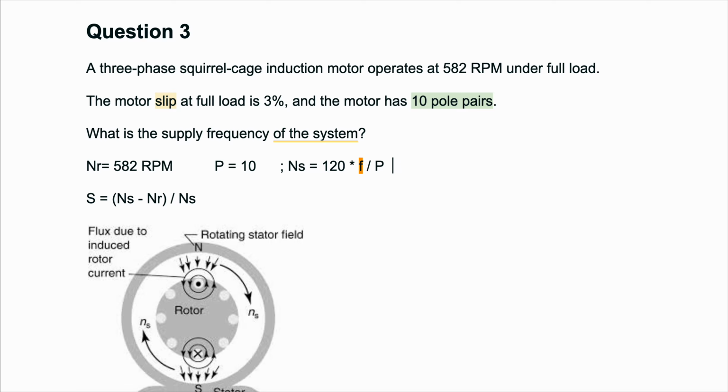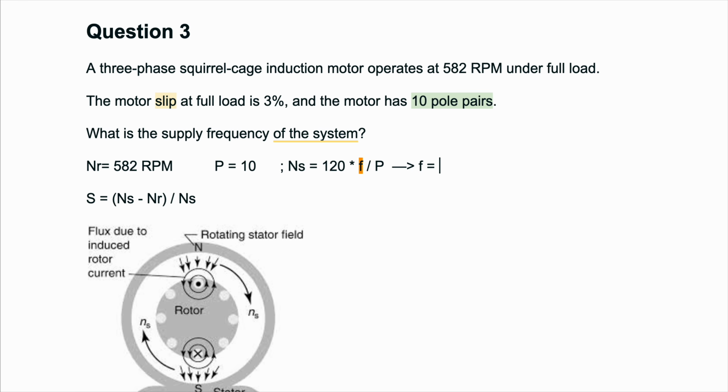But we don't have the f, and we don't have the ns. But if we imagine that we have the ns, I want to get the f.